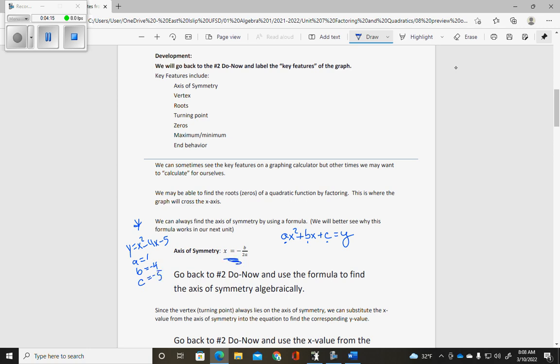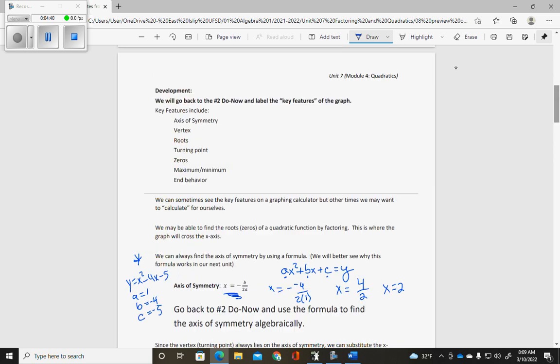So if we use this formula and substitute in the values, x equals negative negative 4 over 2 times 1, which means x equals positive 4 over 2, right? Negative times negative is positive, which simplifies to x equals 2, which we already knew, right?